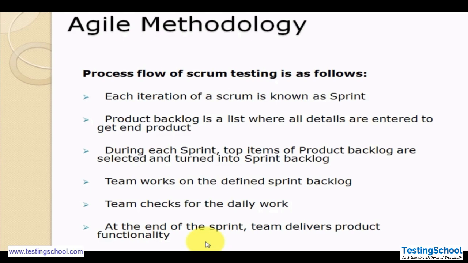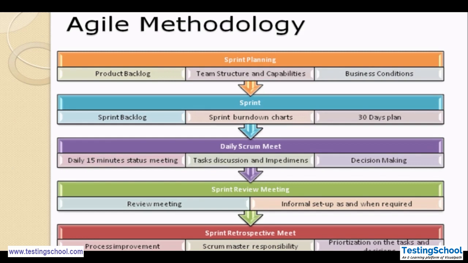We are going to see which are the necessary items that we cover in our agile testing. As you see in this diagram, the first phase is sprint planning. In the sprint planning, we have the product backlog, which we will see in detail, and we have team structure and capabilities.